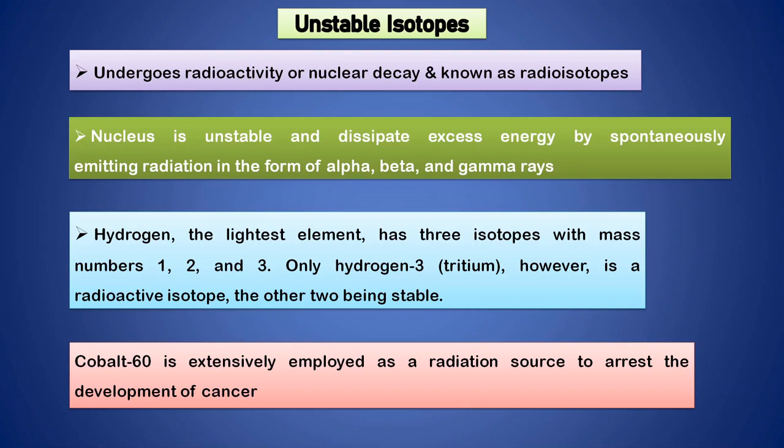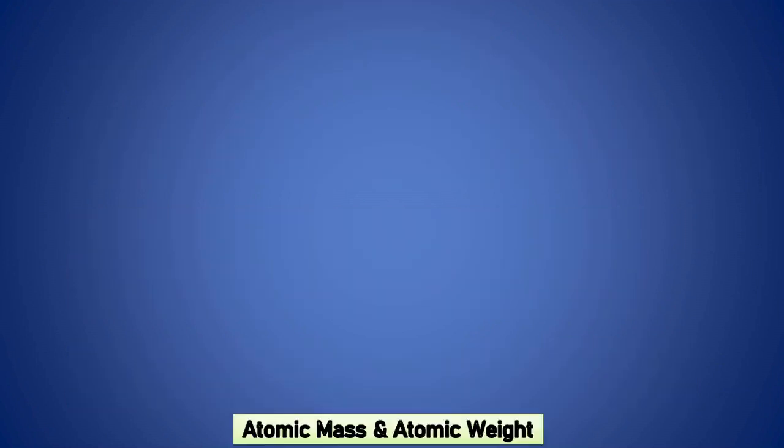In order to stop cancer cells from dividing, cobalt-60 emits radiation, and that emitted radiation is used for killing the cancer cells. In this way, unstable isotopes have several applications in medicine and also in agriculture. We'll learn more about those things in other classes. But cobalt-60 and tritium are unstable isotopes and exhibit radioactivity.